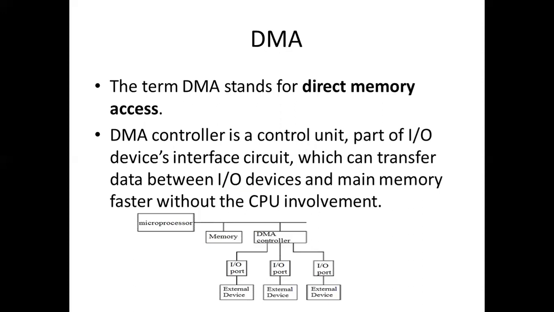What it does is it transfers data between the devices and the main memory faster, without involving the CPU. It does not involve the CPU when it is transferring this data. Remember, these are data, not signals.